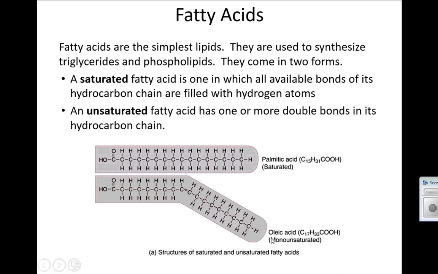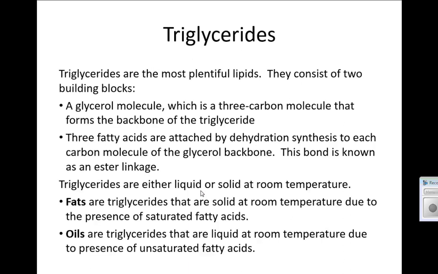This is an example of a monounsaturated fatty acid, which has 1 double bond. Two or more double bonds would be considered a polyunsaturated fatty acid. Look what it does to the shape of the fatty acid when it has that double bond. It puts a kink in it. That's going to affect what we call triglycerides.